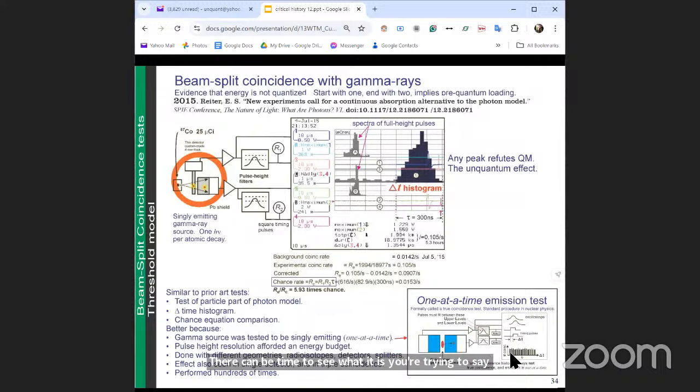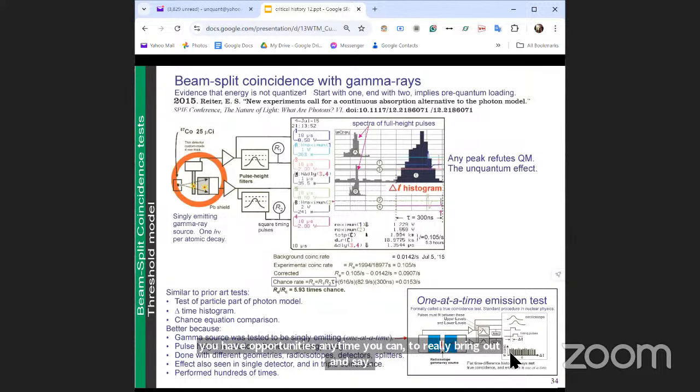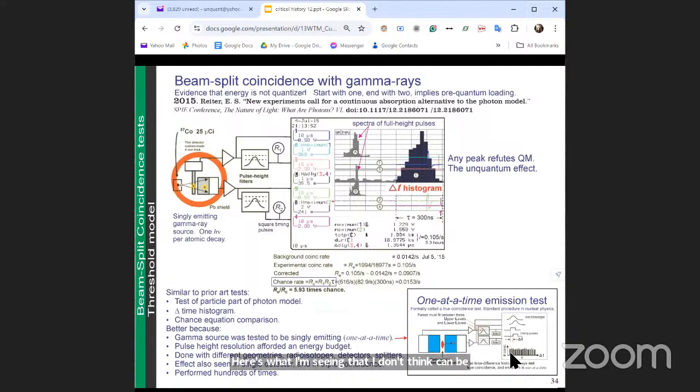If you have opportunities, anytime you can, to really bring out and say, here's what I'm seeing that I don't think can be explained, and I've got it verified at Six Sigma, which you've done in this, you can really hone in on that point and then have the data as the backup. That can help get a message across. I'm just saying this is an observational thing.